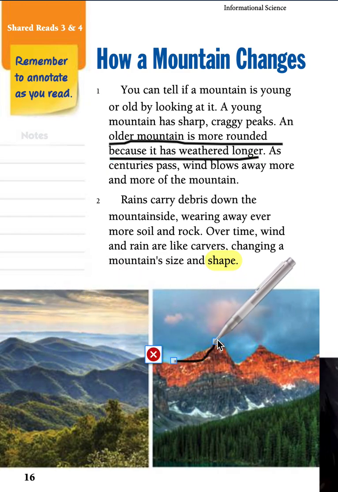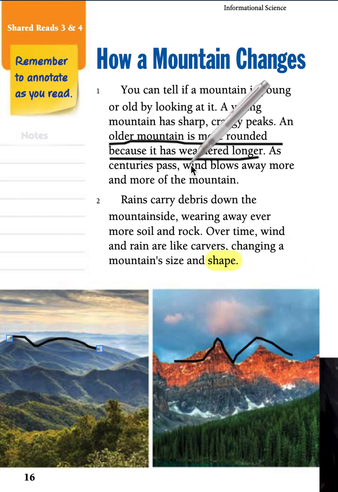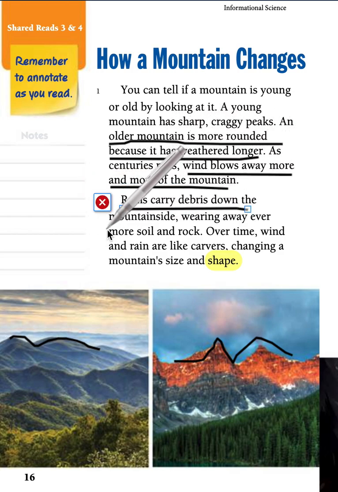So do you see how this one is kind of jagged and pointy, whereas this one is more rounded and smooth? And that's because the wind blows away more and more of the mountain, and then the rains carry the debris down the mountain, and as the water is carrying those little pieces of rock and sand down, it's also smoothing out the sides of the mountain.